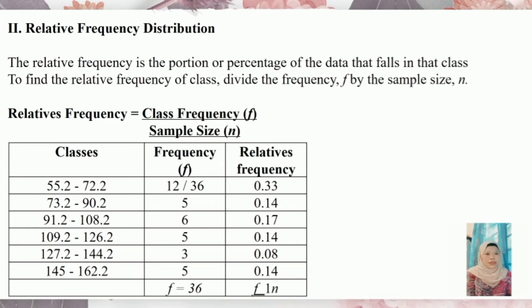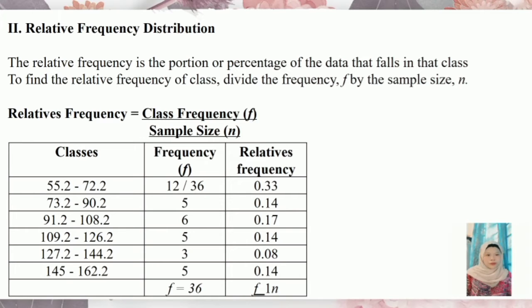Second is the relative frequency distribution. The relative frequency is the portion or percentage of the data that falls in that class. To find the relative frequency of a class, divide the frequency f by the sample size, which is n. The formula of relative frequency is class frequency f divided by sample size n.